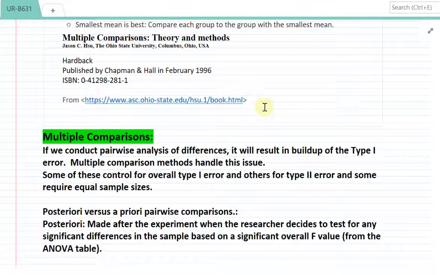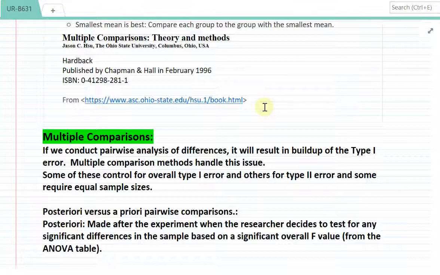Suppose I have 4 machines. I can do a 2-sample t-test: machine 1 and machine 2, machine 1 and machine 3, machine 1 and machine 4, machine 2 and 3, 2 and 4, machine 3 and 4.